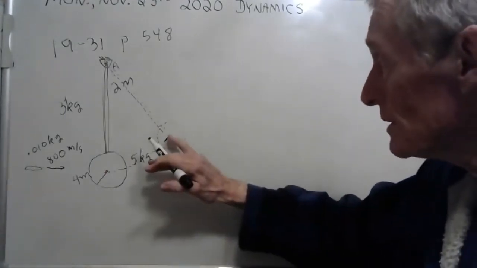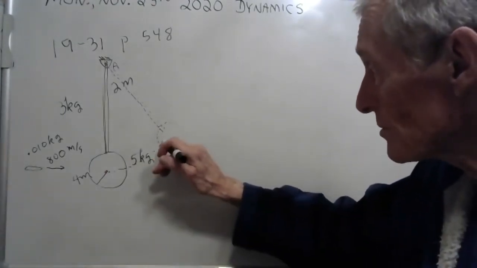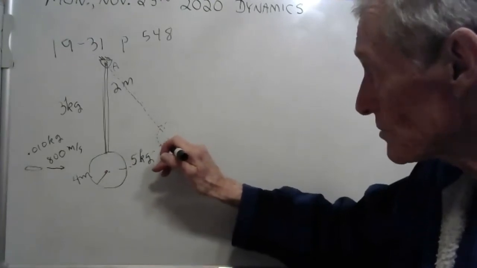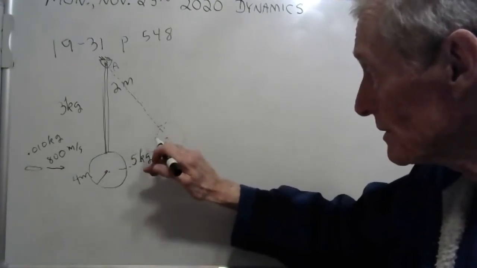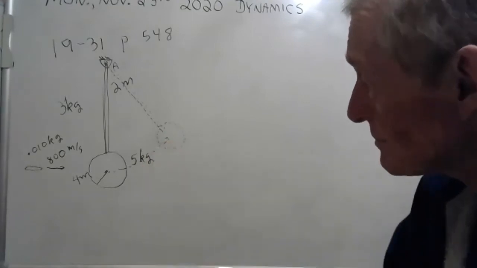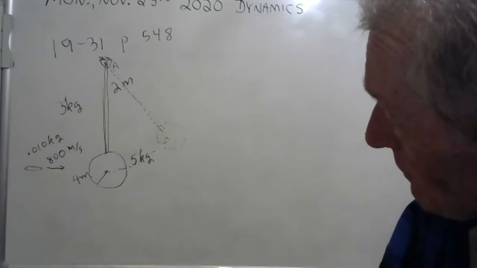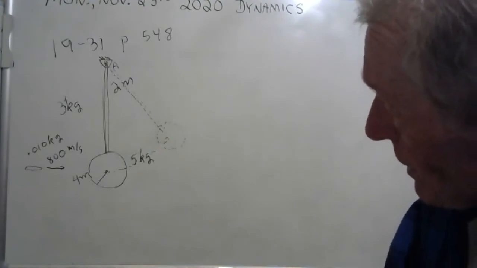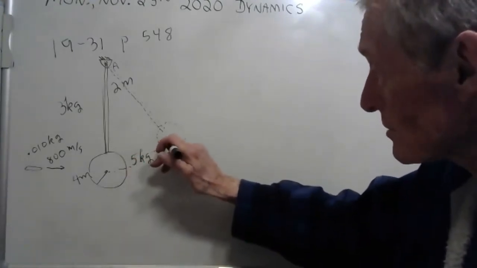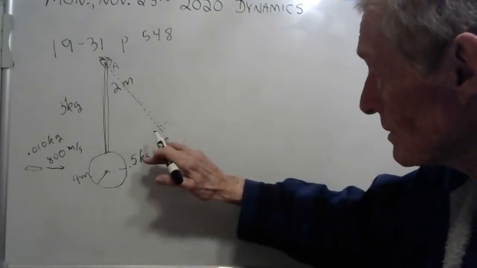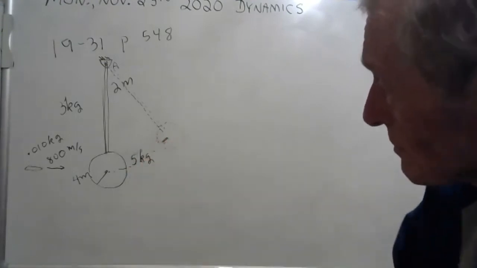velocity. Actually, the bullet is probably in here someplace. Here we'll draw a bullet there. It's inside the disc.